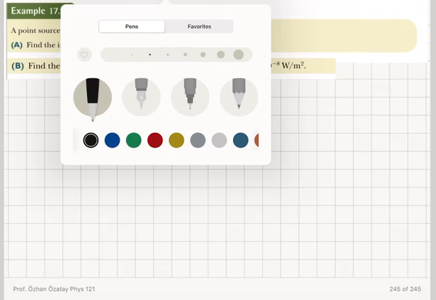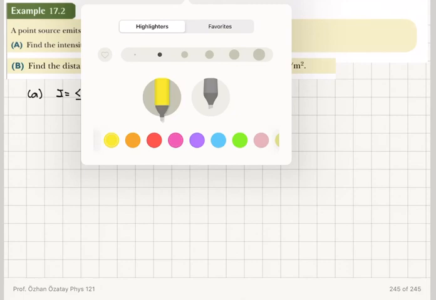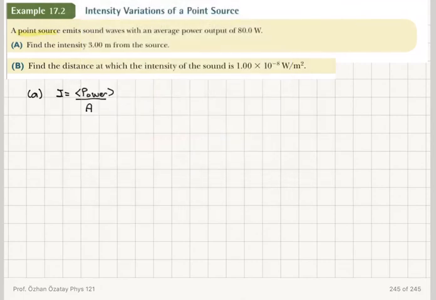A point source emits sound waves with an average output power of 80 watts. Find the intensity 3 meters from the source. For part A of this problem, intensity is average power divided by the area, and this is a point source.